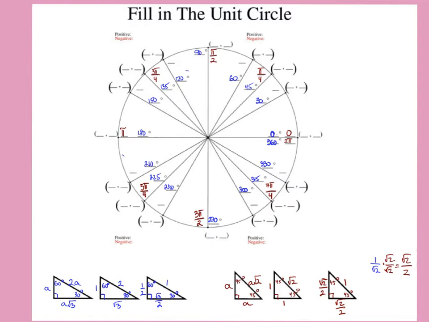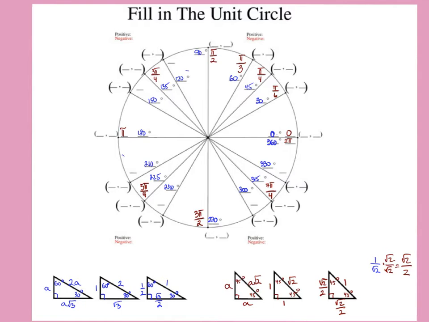So now we are going to move to multiples of 30 degrees. Well, 30 degrees is 1/6 of 180 degrees. So this is going to be pi over 6. Then here in the 60-degree angle, we'll have 2 pi over 6, but then we can reduce that to pi over 3.